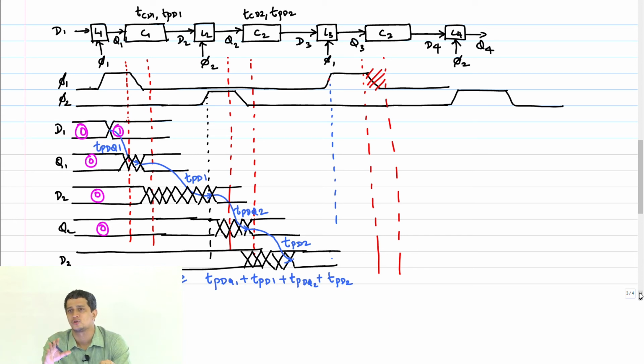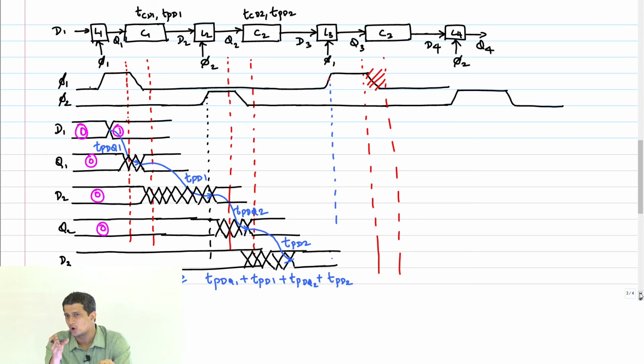Right now we are saying it should not go after the falling edge. So it cannot go all the way till there, correct? That depends on the splitting of the combinational block.